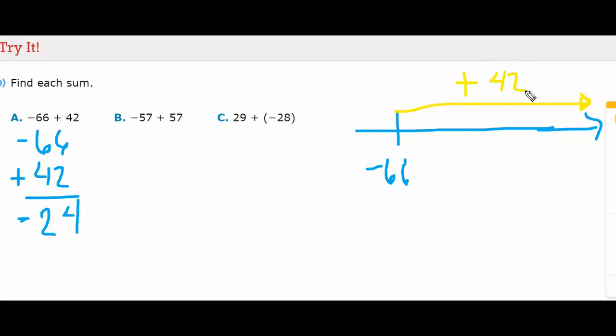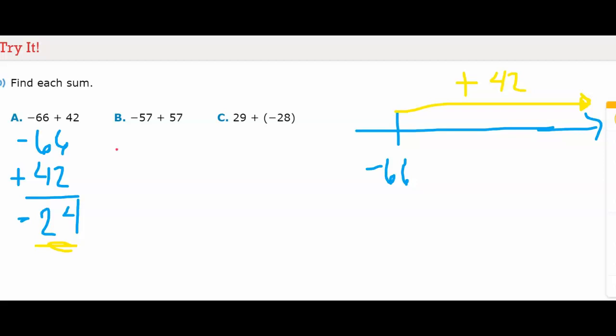So if I'm going this direction to add the +42 to that -66, that means that my negative would be a smaller negative like 24, but it's still going to be negative because that positive number is not more than that negative number. So I just want to give you that visual to go along with this written this way.